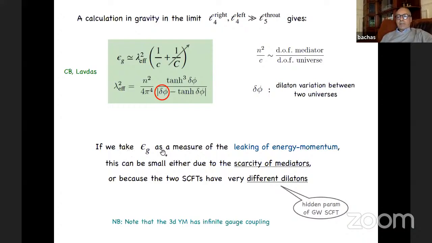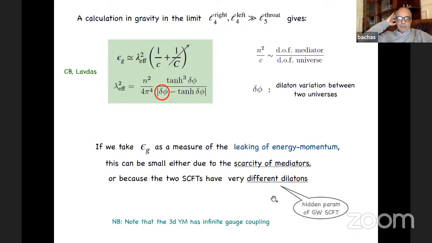And if we take epsilon g as a measure of the leaking of energy momentum between the two, or of how weak the coupling of the two universes is, this can be made small either because the mediators are very scarce or because the two CFTs have very different dilatons. And this is a hidden parameter of the Gaiotto-Witten theories, which is essentially something that measures magnetic to electric branes or symmetries, but I won't tell you more about it.